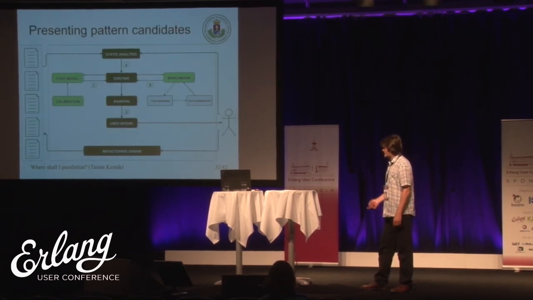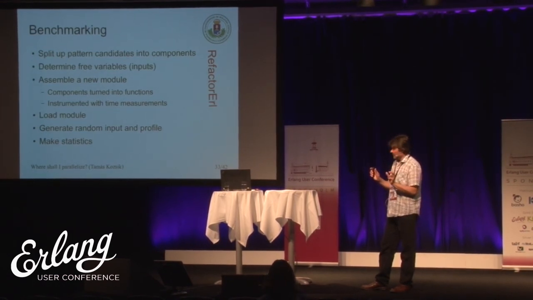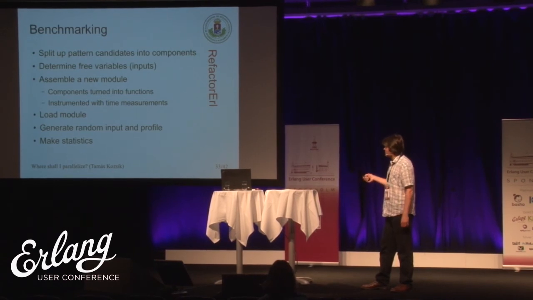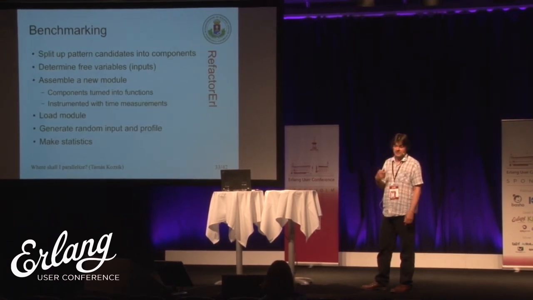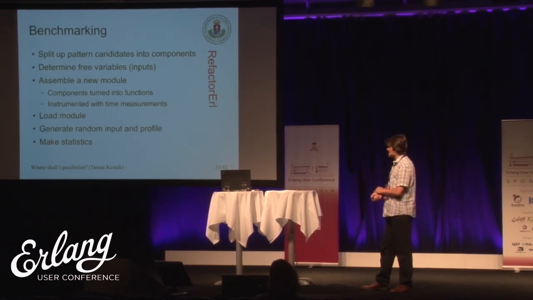So once we have this analysis, we can do the benchmarking and then apply a cost model. For benchmarking, we split up the candidates into small fragments, and measure the execution time of those small fragments on randomly generated input. So we need to compute the free variables, which will be the inputs to these expressions. We assemble a new module of these small expressions.